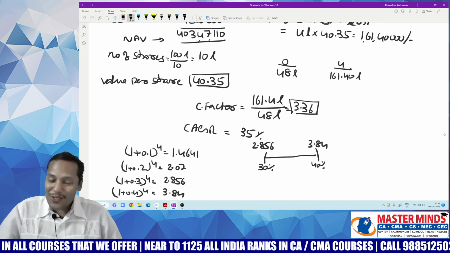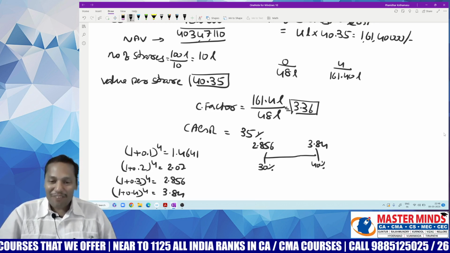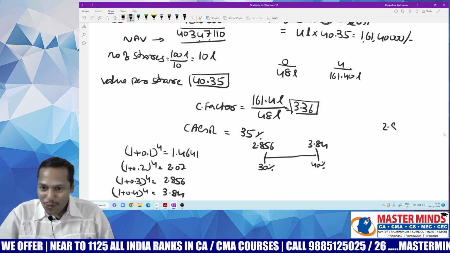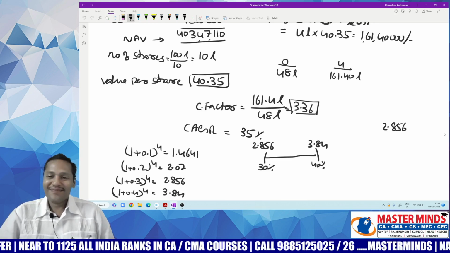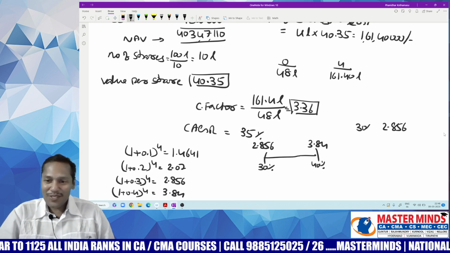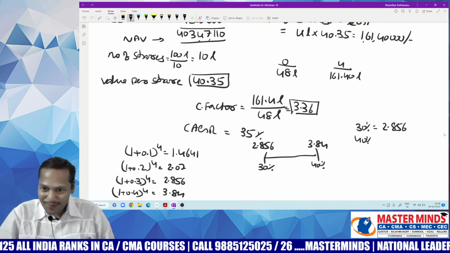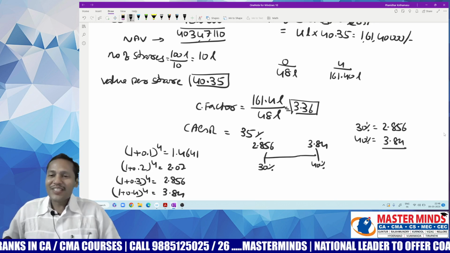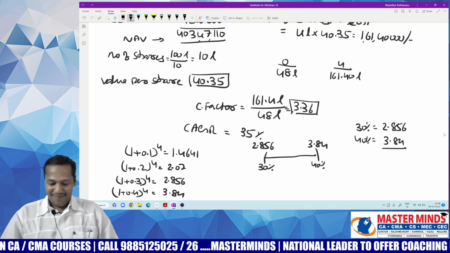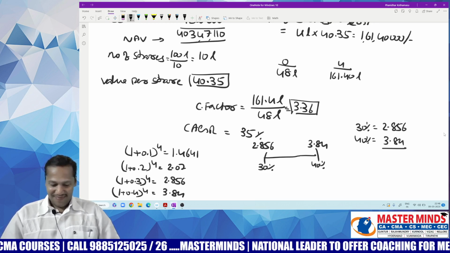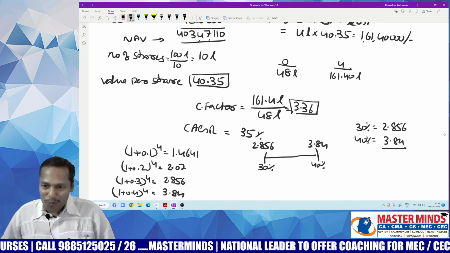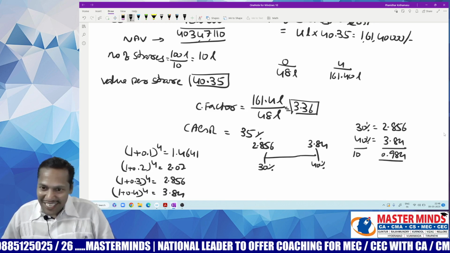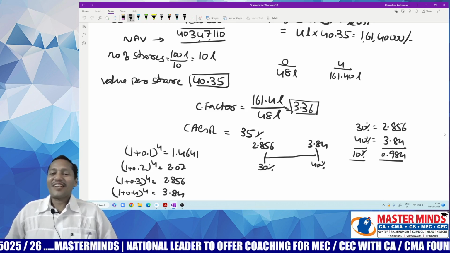From the differential also, we can calculate. The differential is 0.984 for 10%.